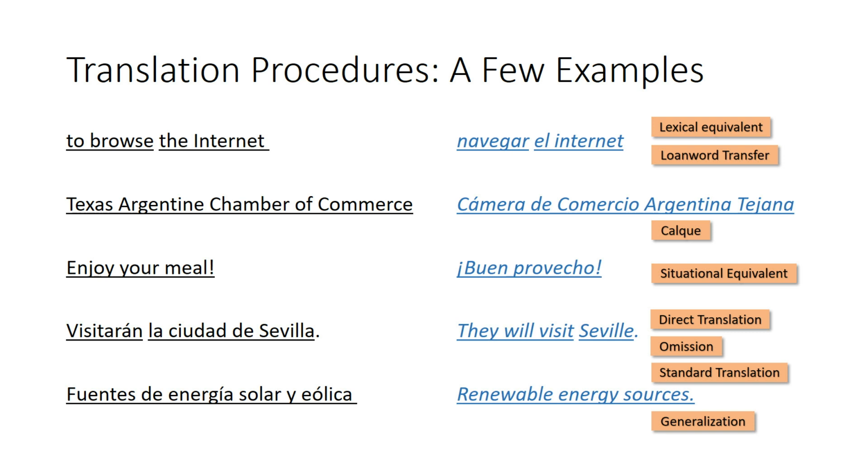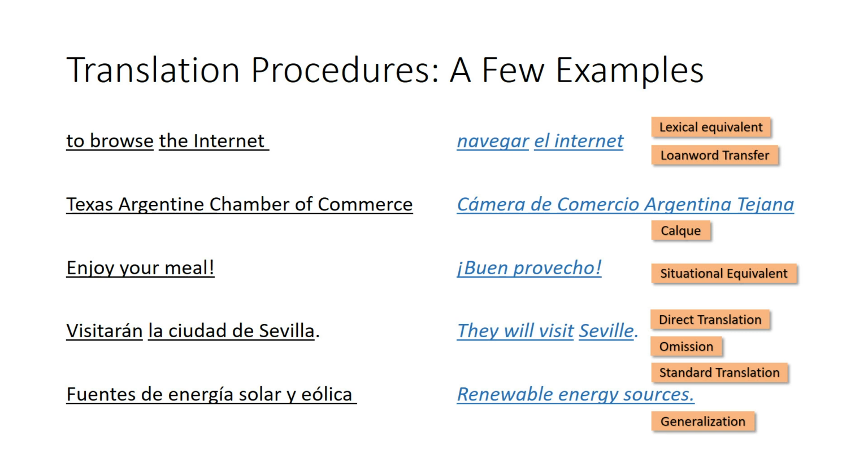A unit like, and this is a single unit of translation, the Texas Argentine Chamber of Commerce, if I translate that as La Cámara de Comercio Argentina Tejana, o Tejana Argentina, Cámara de Comercio Argentina Tejana, I'm using what's known as a calque, which is to translate each segment more or less literally or directly, and then to rearrange them in accordance with the syntactic rules of the target language.